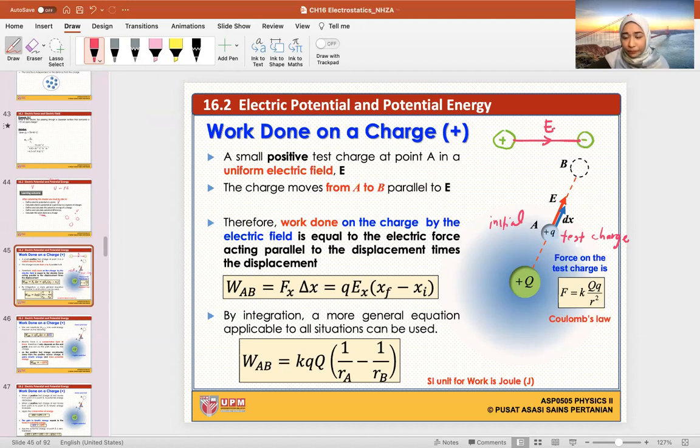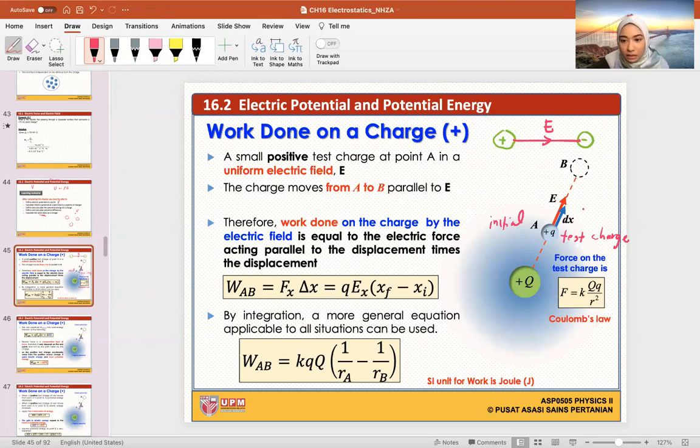Here we have our positive test charge, and this is our E direction. My test charge moves in the same direction as my electric field. The displacement is in the same direction.